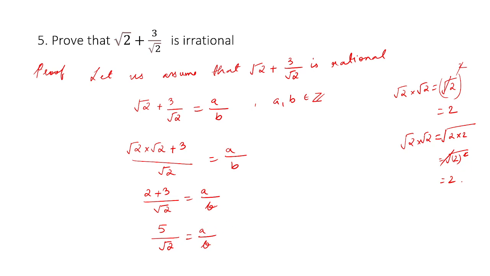In the next step, I'll take 5 to this side, so you'll be left with 1 by root 2 equal to a by 5b. Let's just reverse it.